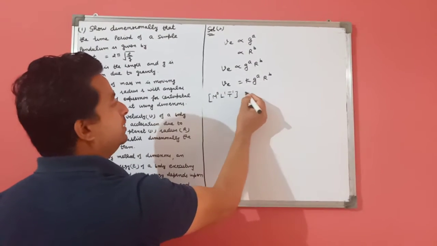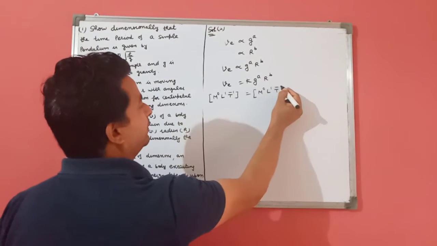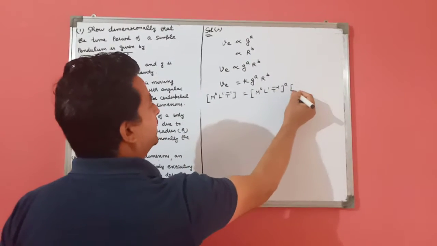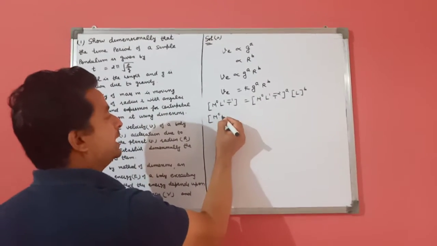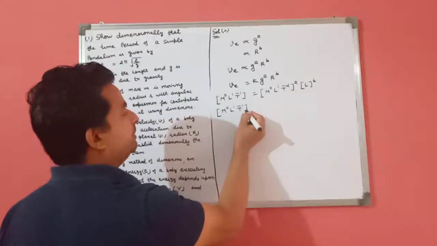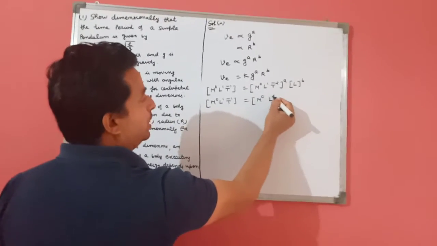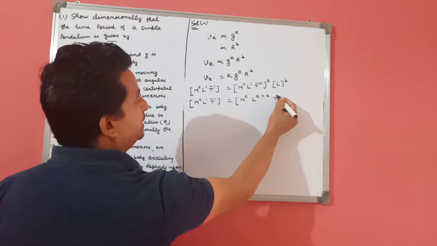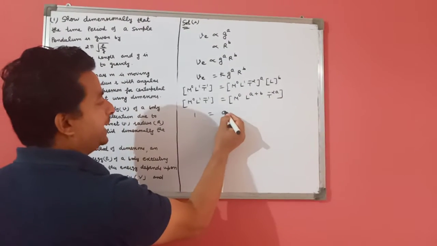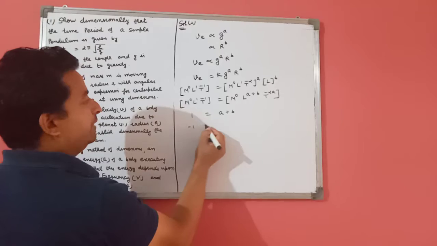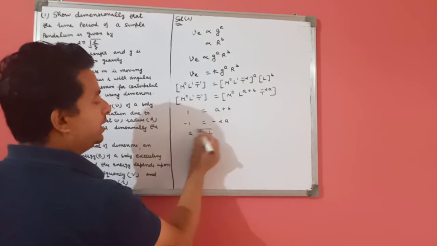L1 T^-1, k has no dimensions, gravity has L1 T^-2 and radius is L. So the relation is M0 L1 T^-1 is equal to M0 L^(a+b) T^-2a. When we compare L, a plus b is 1; when we compare T, a is equal to half.